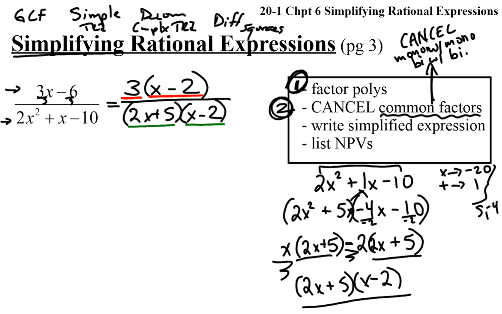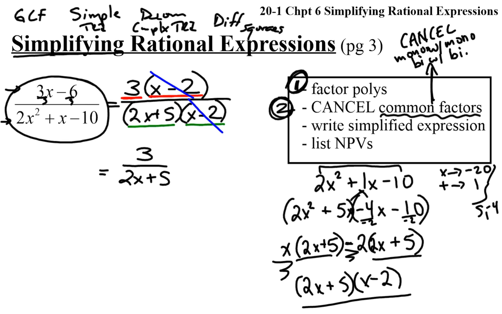Well, in this case, are there common factors? Yes. x minus 2 is a factor in both of those expressions. So they cancel out. That leaves us with 3 over 2x plus 5.